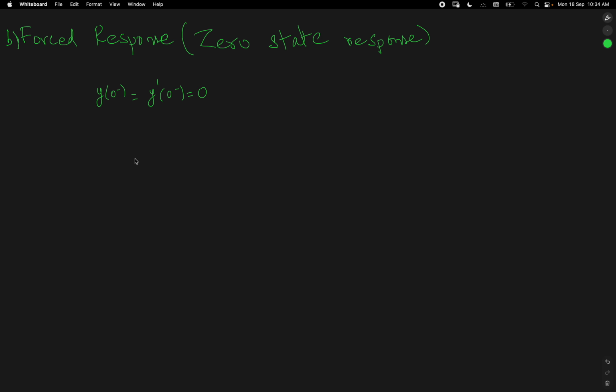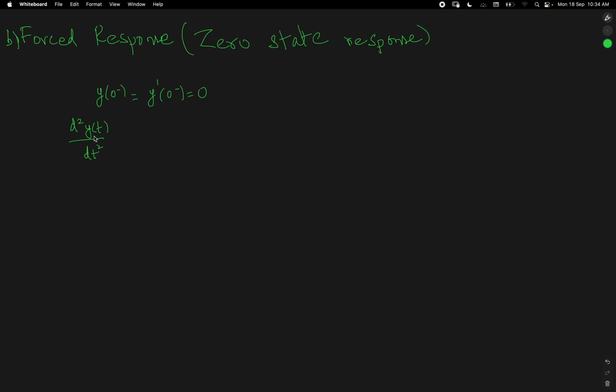Here we will consider the input x of t. So the equation will remain the same: d square y of t divided by dt square.